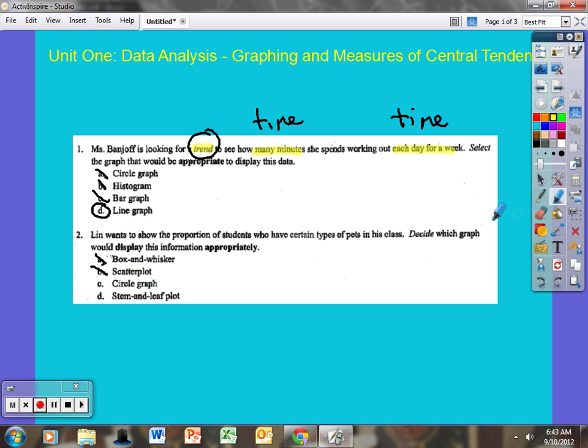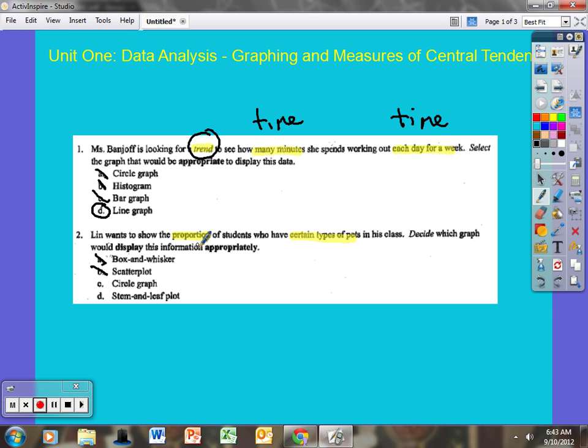Let's go back into the question. Lynn wants to show the proportion of students who have certain types of pets. So we're looking at proportion, a whole and which portion of the class has a certain type of pet. Now I have a circle graph or stem and leaf. With stem and leaf, I can't really tell which proportion of the students have a certain type of pet.